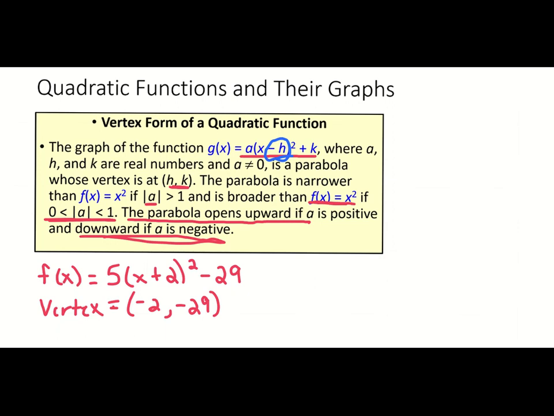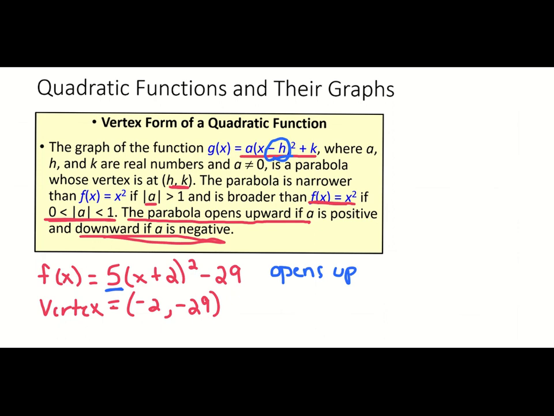My a value is right here. It's a positive 5. So I know my parabola opens up. I also know that it is going to be narrower than f of x equals x squared.